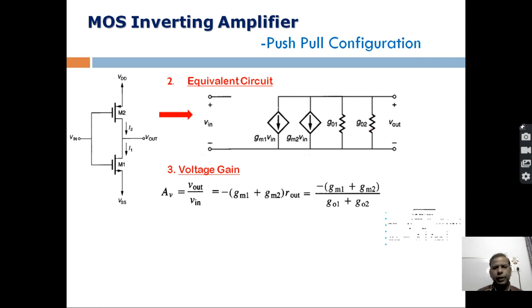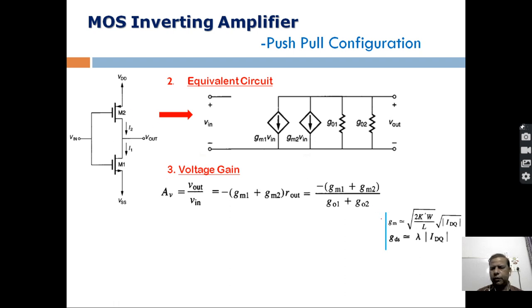Now in order to find the gain, we have to insert the values of Gm1, Gm2 and GDS1, GDS2, the drain source conductances offered by these devices.